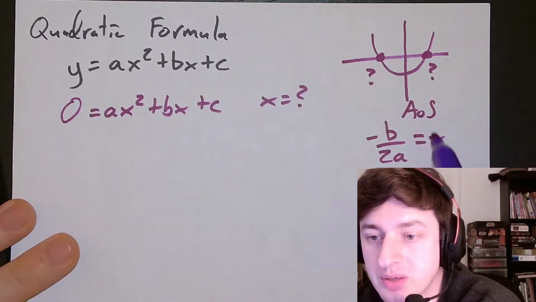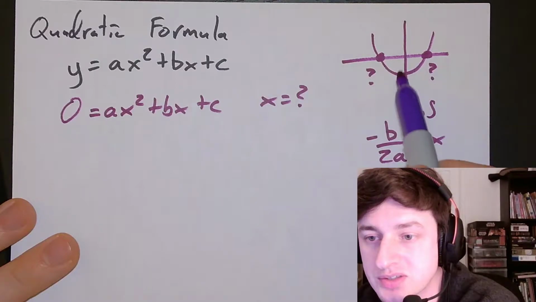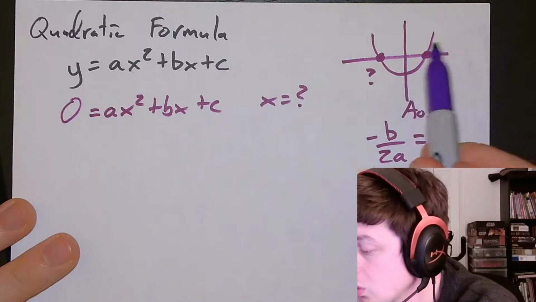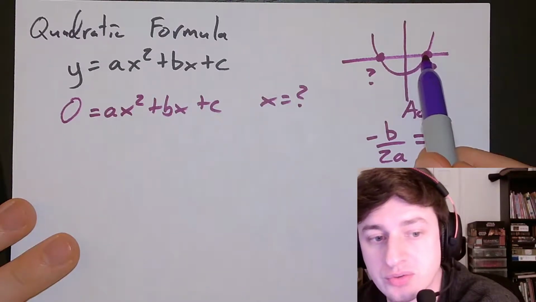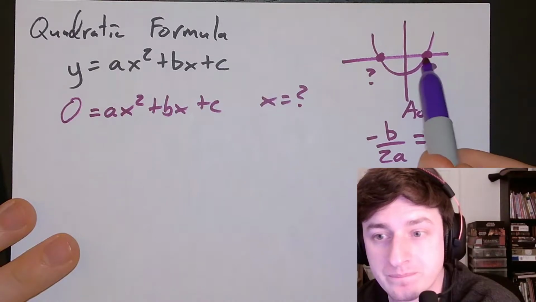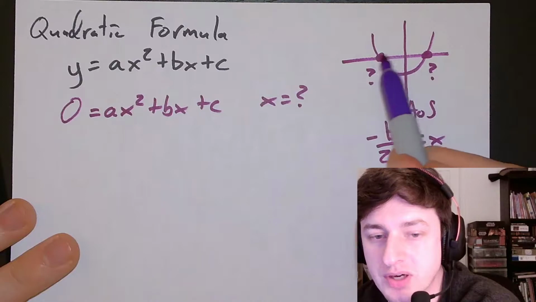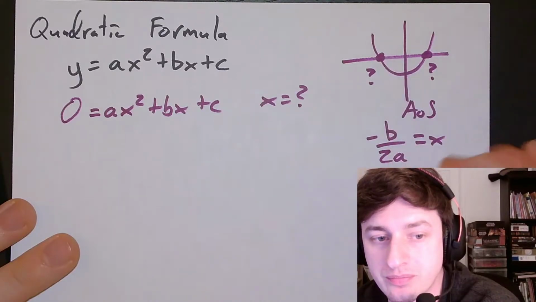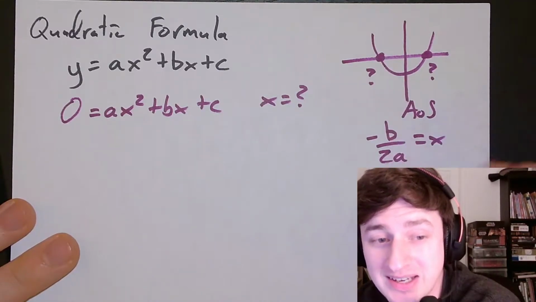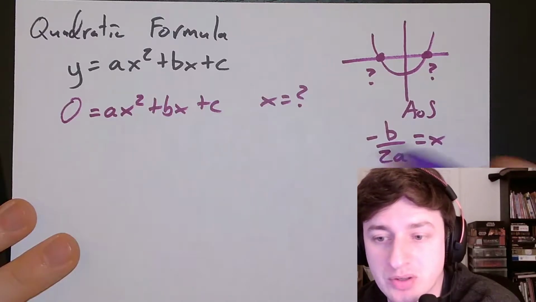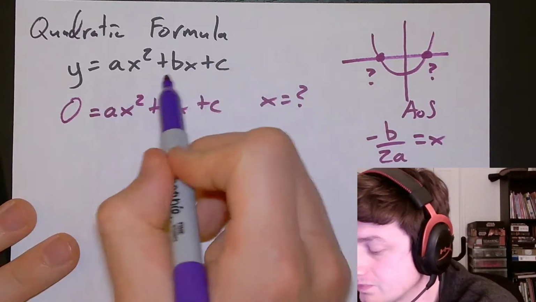And so I want to think about this in terms of, well, okay, if we have negative b over 2a, that's where this is. That's what this x value is. We're going to add a bit to go to this side to find the right one. And we're going to subtract a bit to find the left one. And how much that is depends on a bunch of things. Depends on these three numbers.